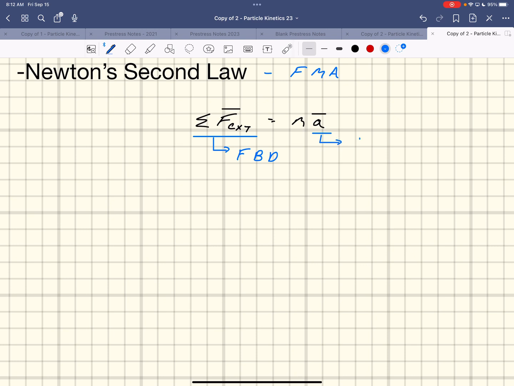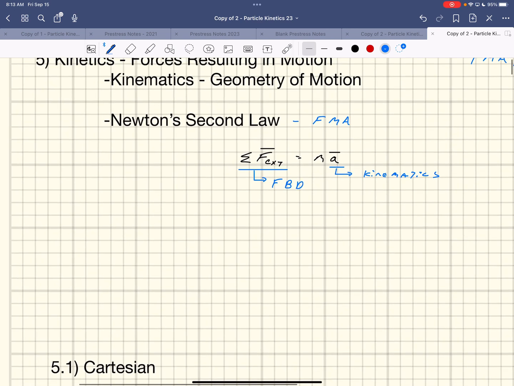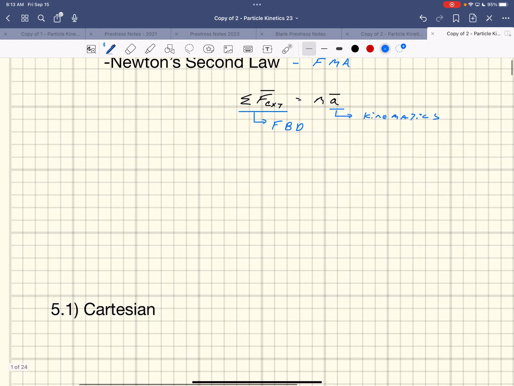And then at that point, it becomes kinematics. I pointed that out a couple of times, like, oh, hey, look, here's an acceleration equation. Now we're not going to start out with that given. We're going to have to derive that acceleration equation ourselves. And then once you get that acceleration equation, you just do kinematics like we've done so far. And again, we're going to do three coordinate systems.